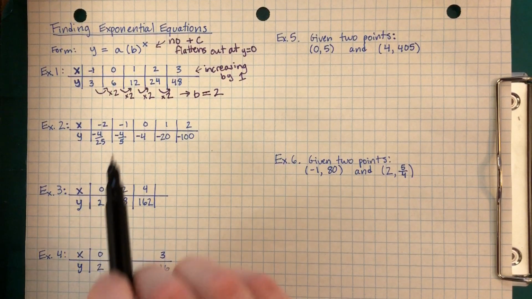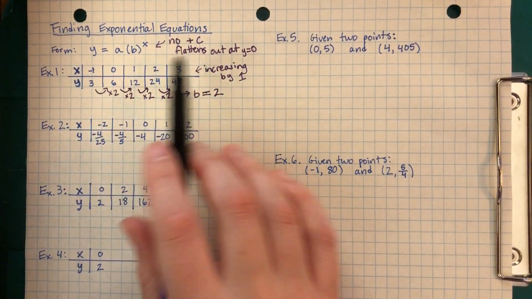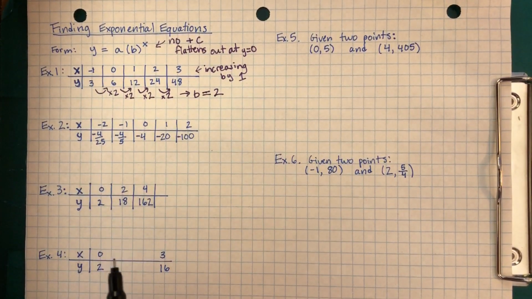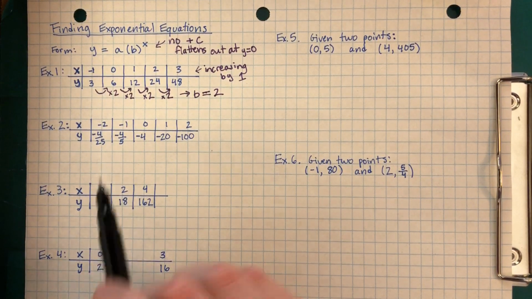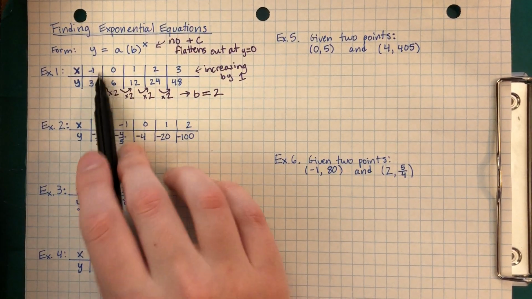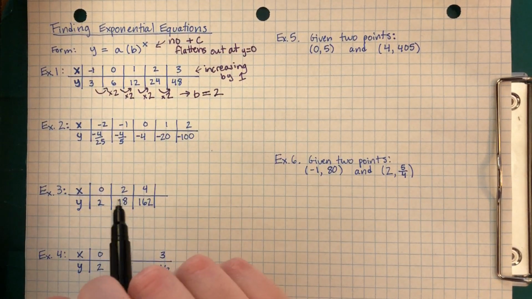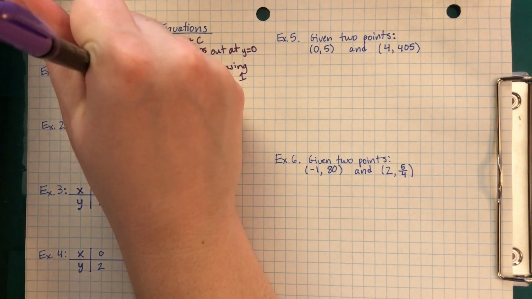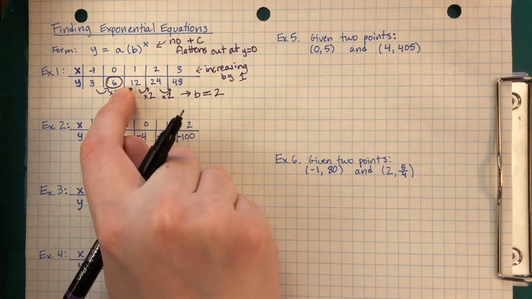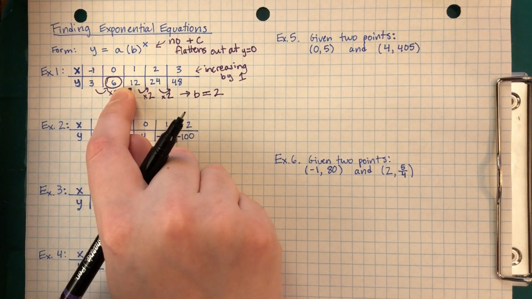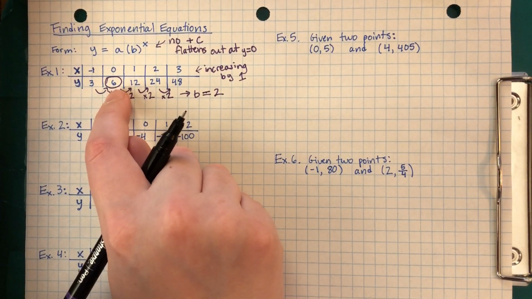To find a, if we have a nice table like this that includes 0, it's pretty easy. All we need to do is look and see which y value goes with 0. And this number will be a.